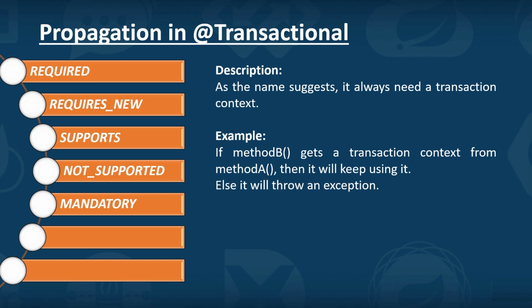In case it doesn't get anything from method A, so let's assume method A was not having any @Transactional, in that case method B is going to throw an exception that okay, I need one but I'm not having it. You will say okay, why don't you create one on your own? It will say that then go for the required annotation, why do you want me to use it? So mandatory means if it is there it will keep using it. If it is not there, an exception will be thrown that a transaction is not available, something like this.